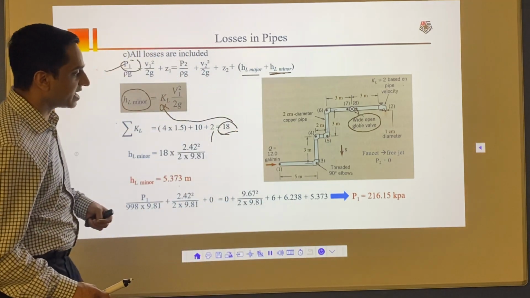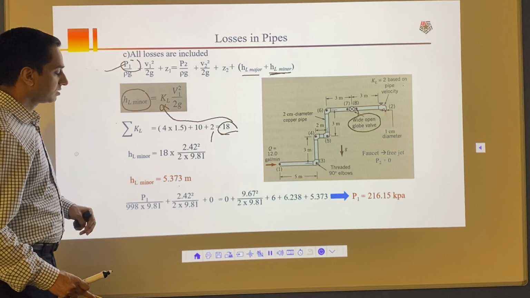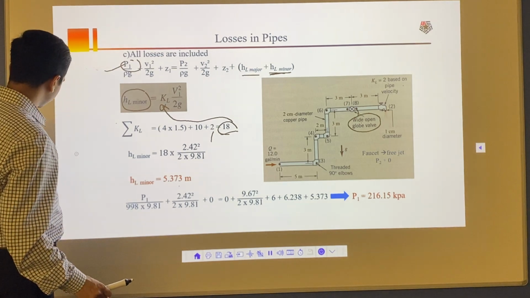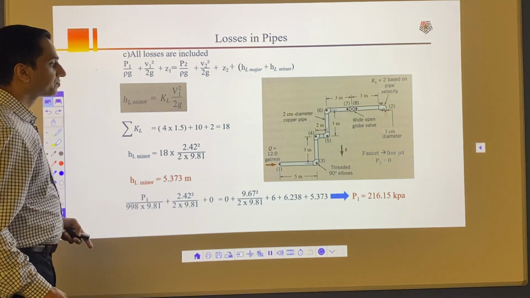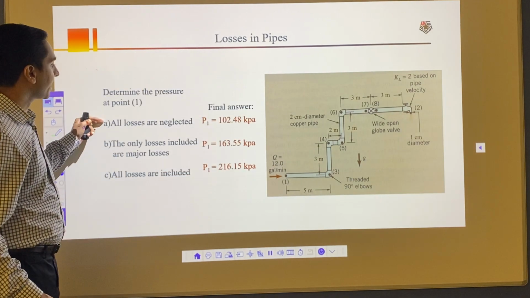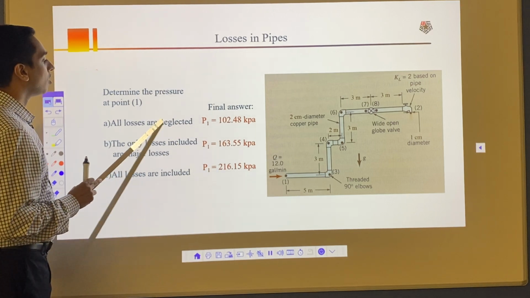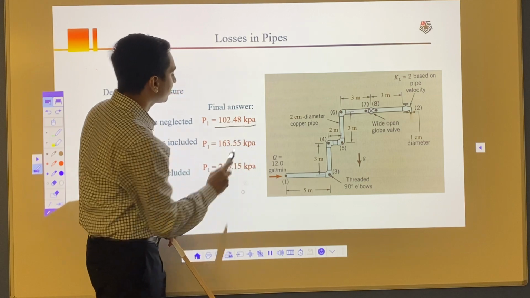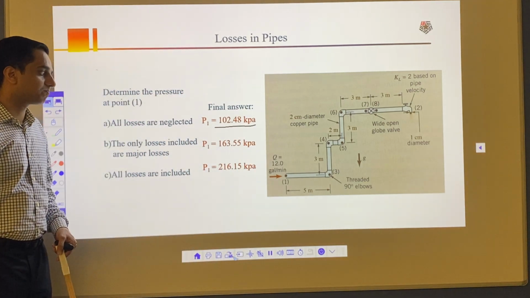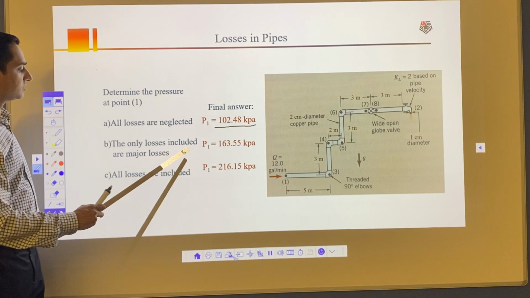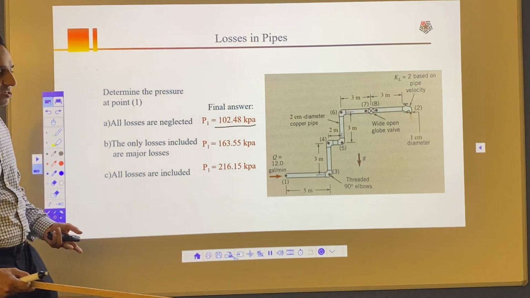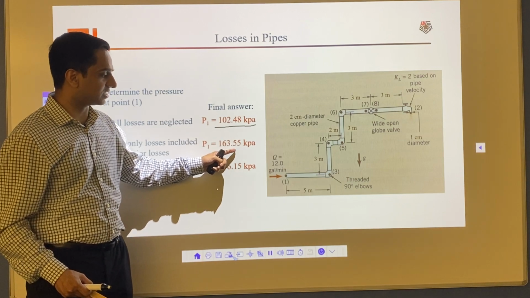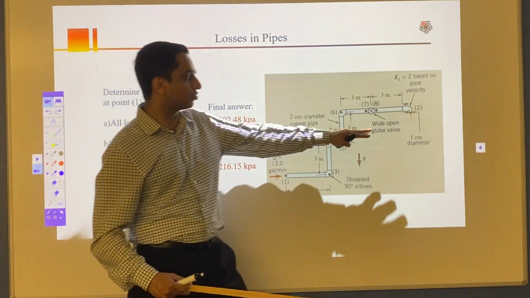Now let's compare all these pressures that we calculated: without any loss, with friction loss, and with all losses included. So all losses are neglected. Let's say everything is perfect, there are no losses. You'll get pressure around 102,000. Then if we include only the major loss, let's say we assume only friction here, then you need 60,000 Pascal extra pressure to overcome that friction and to send water here.